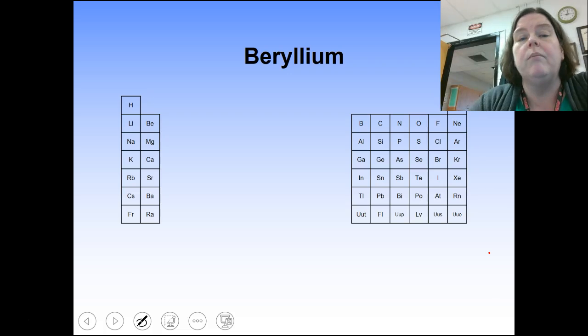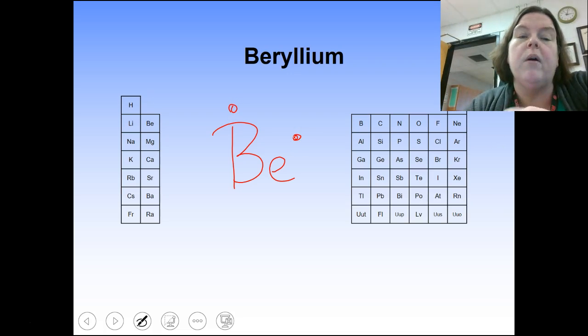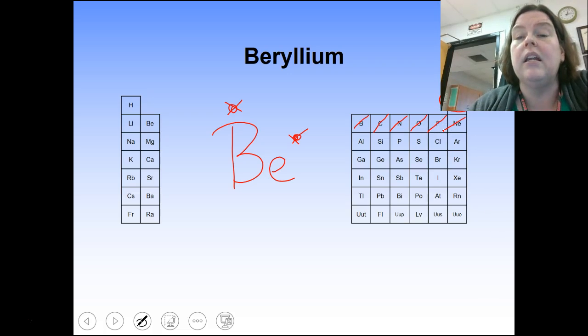Beryllium. Let's look at beryllium. Beryllium, we know, has a dot structure of, sorry, my dots aren't drawn very well, has that dot structure. So beryllium's in a very similar position as lithium. It's choosing to either lose these 2 electrons to become like helium, or it's going to have to gain 1, 2, 3, 4, 5, 6 electrons to become like neon.